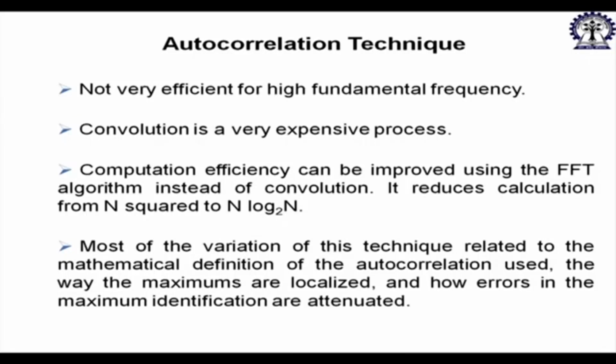Next, these are some pros and cons of the autocorrelation technique. It is not very efficient, since convolution is a very expensive process. Computation efficiency can be improved if I use the FFT algorithm to implement the calculation of the correlation function. Okay. So, this you can read.